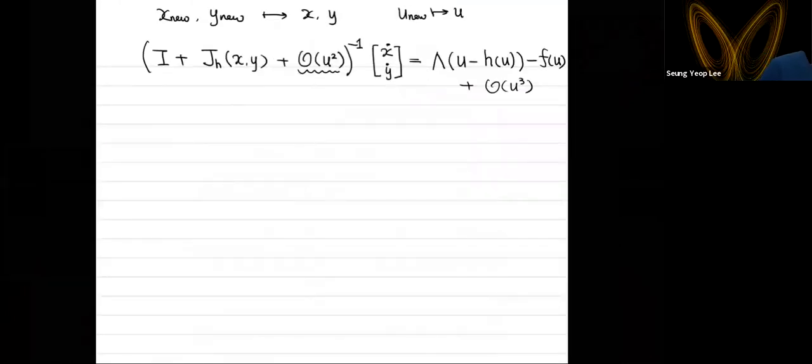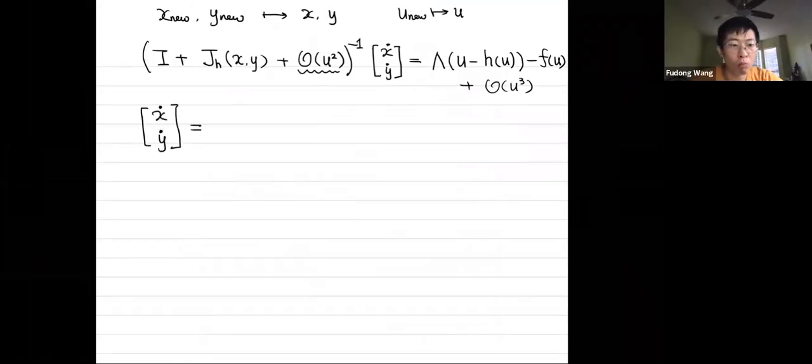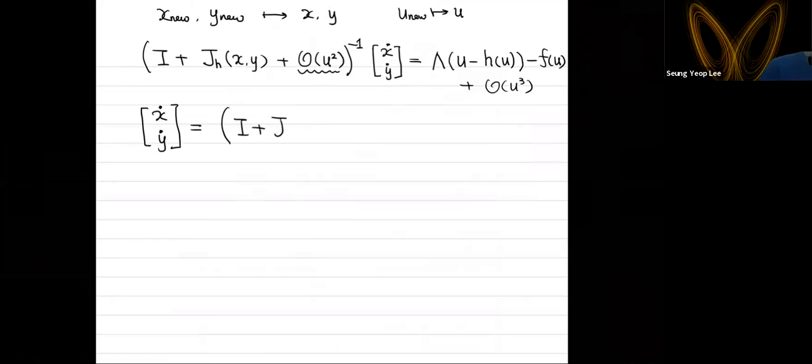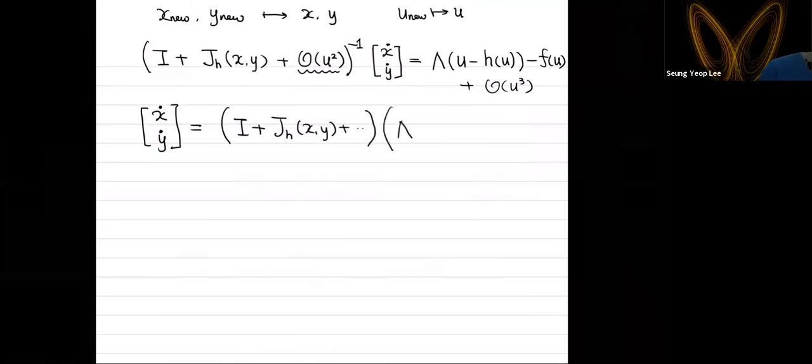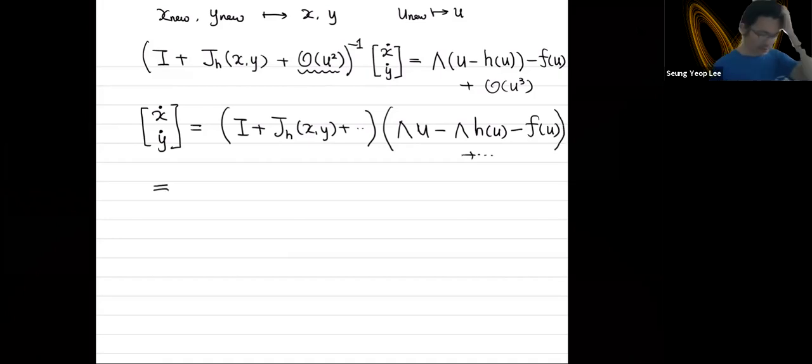Okay, so now we can rewrite x dot y dot equals identity plus JH of x y times lambda u minus lambda h of u minus f of u, higher. So let's collect order by order. So the largest order in the first factor is identity.